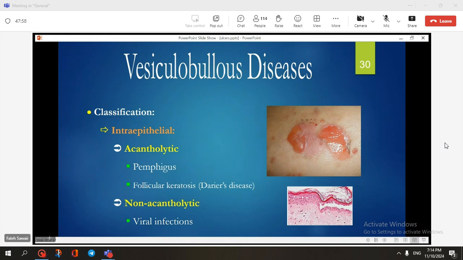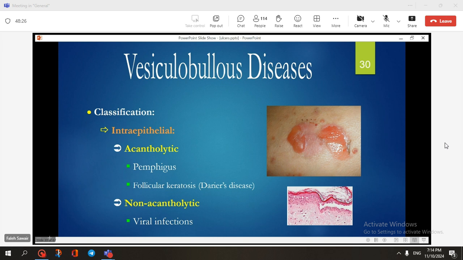Pemphigus is in the category called acantholytic lesions, where there is loss of the attachment between the epithelial cells. So a vesicle will develop in the epithelium, and then rupture will cause ulcers. Another example of acantholytic intraepithelial vesicles or bullae is the follicular keratosis we mentioned in the white lesions.